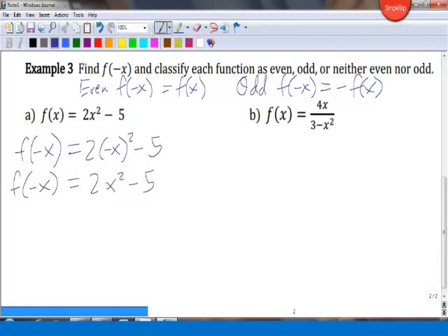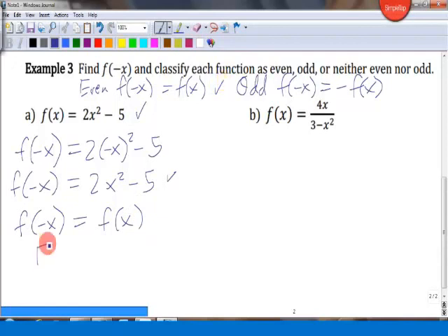Here we substitute negative x for x, simplify, and ask ourselves, is this expression identical to that one? It is. So right off the bat, what we found is that f of negative x equals f of x. So this function is even. This function is an even function.